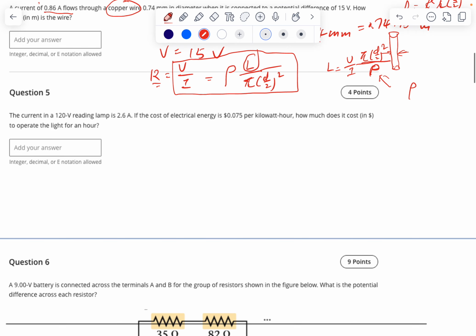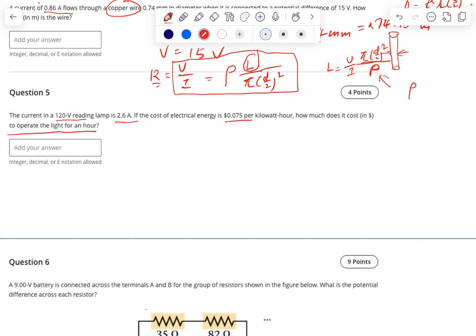All right, number 5. A current in a 120 volt reading lamp is 2.6 amp. If the cost of electric energy is 0.075 per kilowatt hour, how much does it cost to operate the light for an hour?